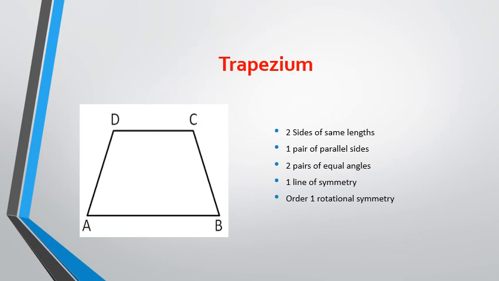You can consider angle A and angle B of the same measure, and angle D and angle C of the same measure. And there is only one line of symmetry, passing through the middle, and the order of rotational symmetry is 1. You have to rotate it completely to get the previous shape. So the order of rotational symmetry is 1.